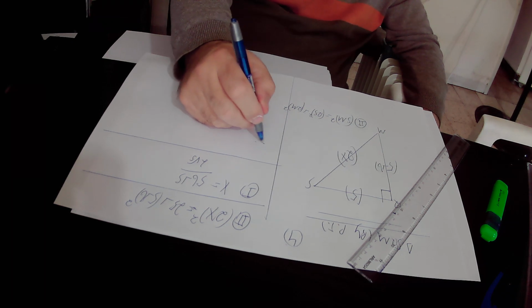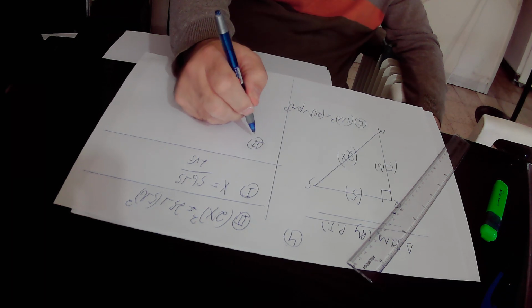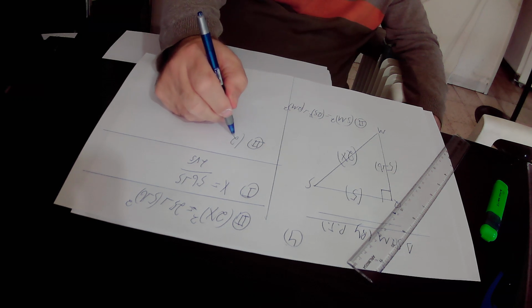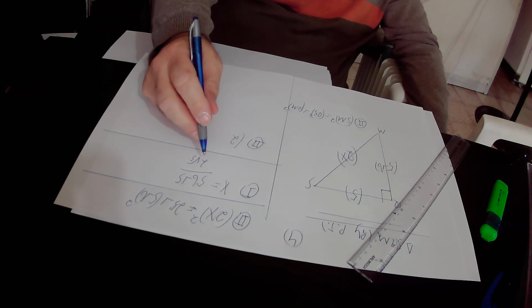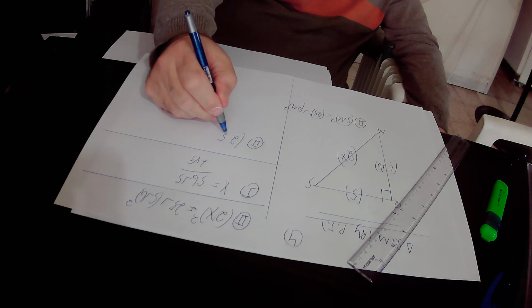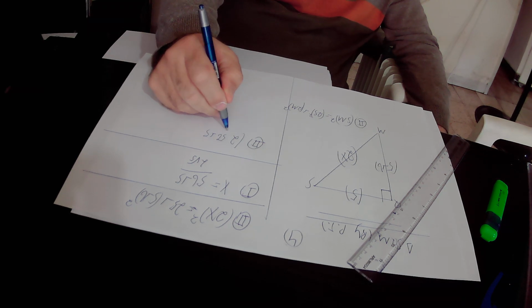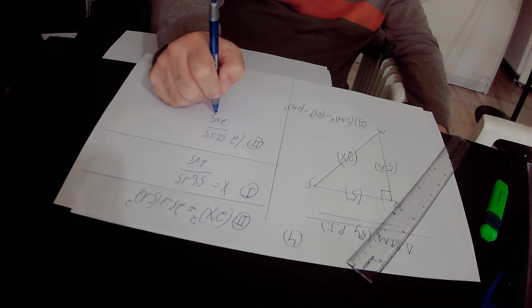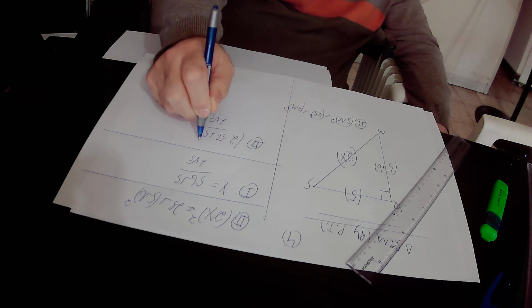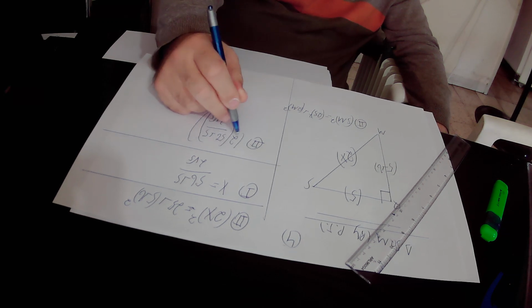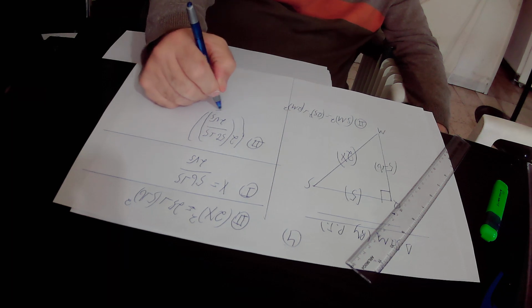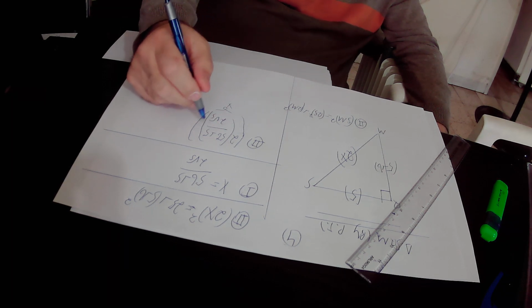So according to equation number 2, we have (2x) squared. It is 2 times x, where x according to equation number 1 is (5b plus 5) over 2 times square root of 5, all squared.